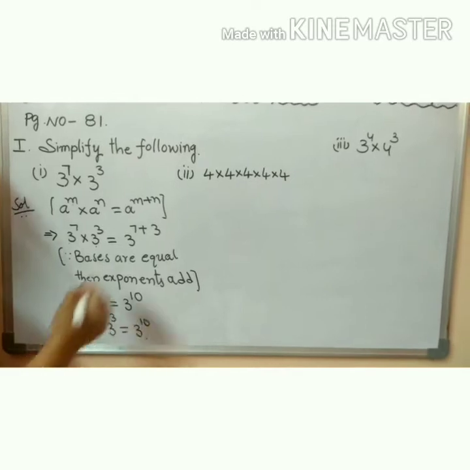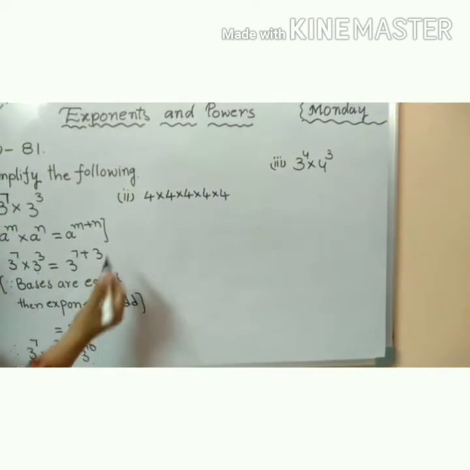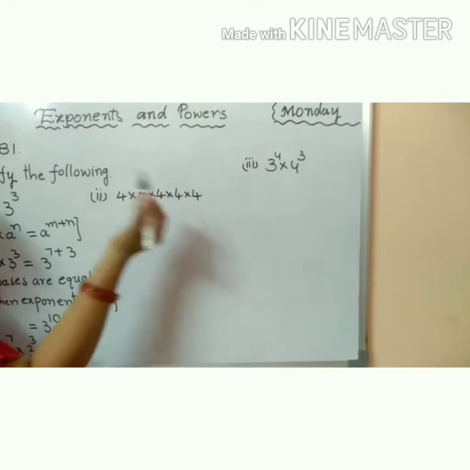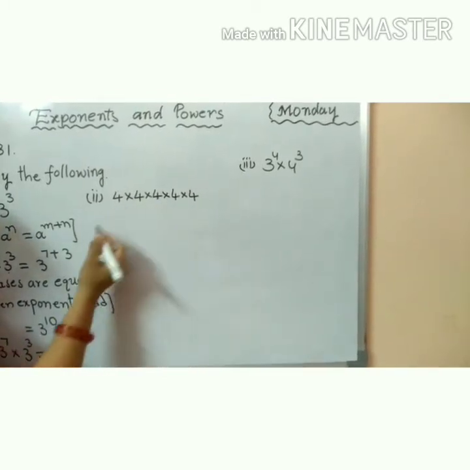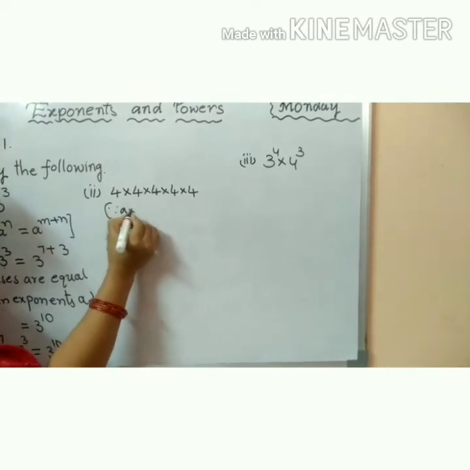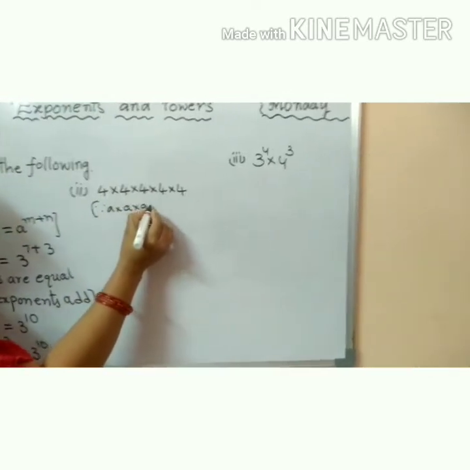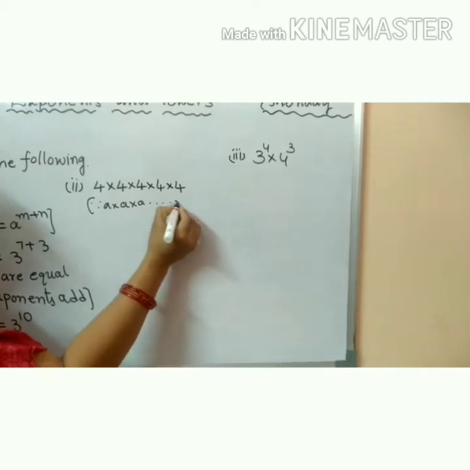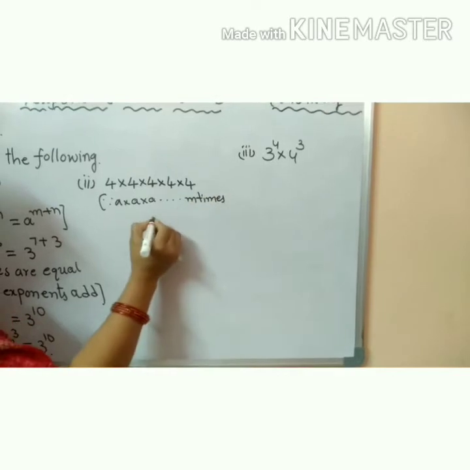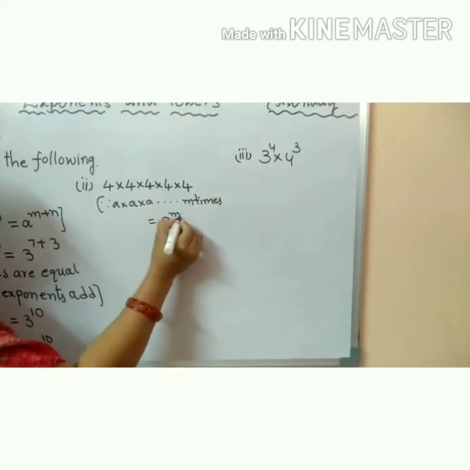Next, the second problem: 4 into 4 into 4 into 4 into 4. Here, how many times is 4 written? By the law of exponents, a into a and so on, m times, is equal to a power m.